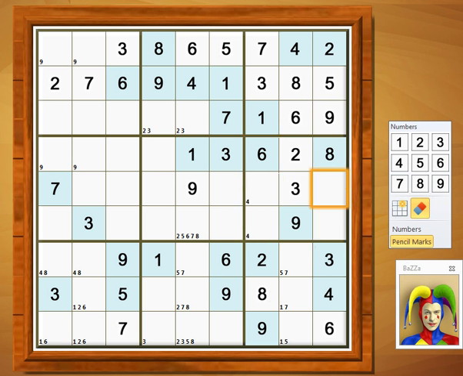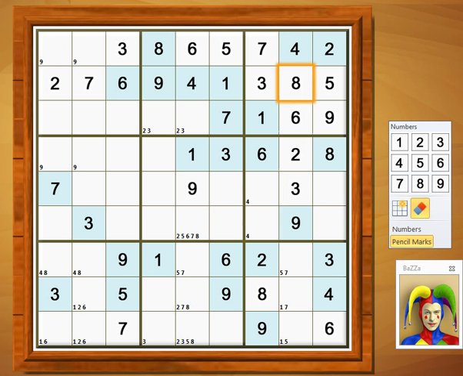Then that only leaves us with these 4 numbers here, which is going to be 4, 5, oh, 1, 4, 5, 7.